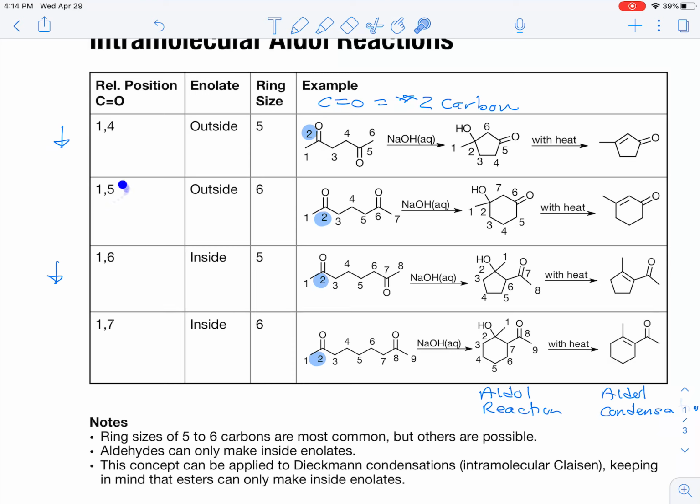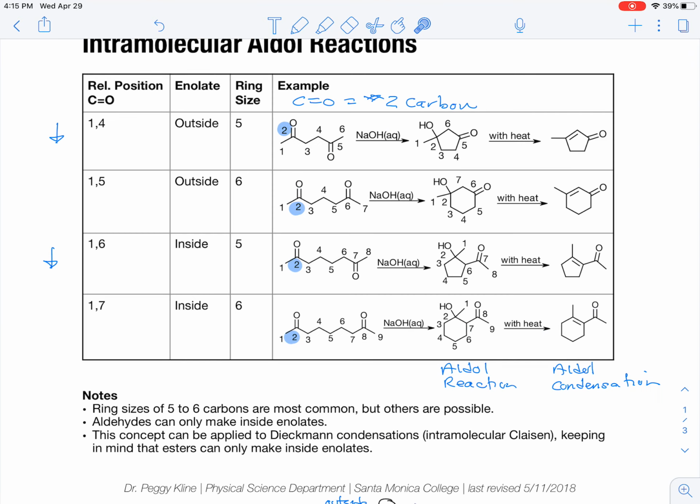For the outside enolates, if you add the 2 relative carbonyl positions, you get the ring size. And again, that's not something I'm going to test you on, but it's something you can have in the back of your head as a way of checking your product, or maybe even doing a multiple choice question quickly. With the inside enolates, you subtract. So 6 minus 1 is 5, 7 minus 1 is 6.